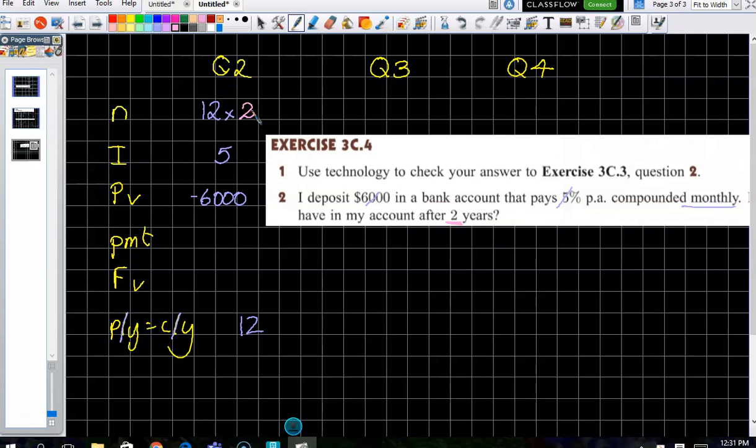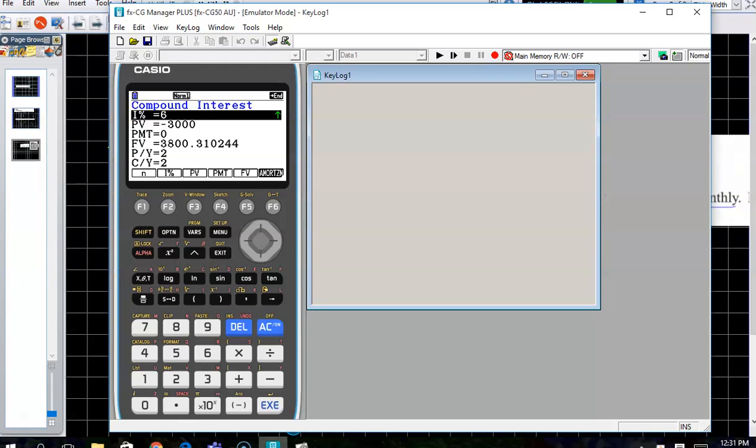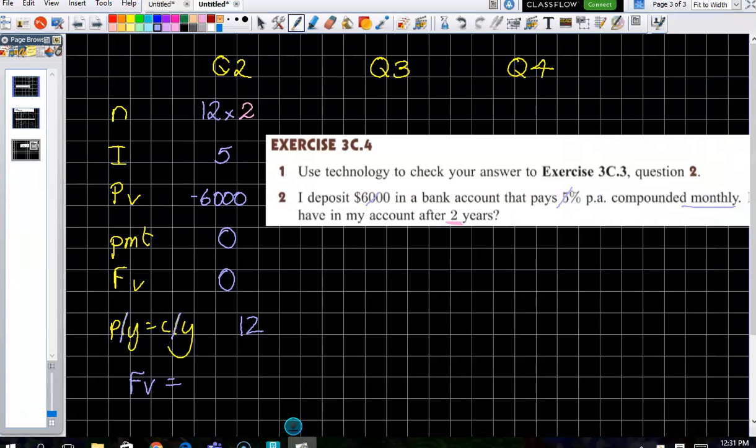What do we have to do with the PMT? Nothing. Right? Your future value, I'm just putting 0 there. You don't have to physically change it. But it says, find how much you will have. So you will then press your future value button, which will be F5, and you will put your answer here. That's it.